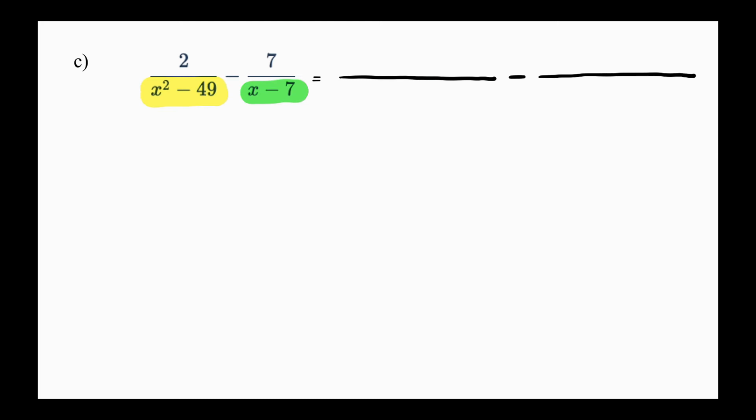All right. First step. Factor. Yellow, binomial. So does yellow have a GCF? No, it does not have a GCF. Skip that step. Is it difference of squares? It is difference of squares. So I would rewrite it as x plus 7, x minus 7.